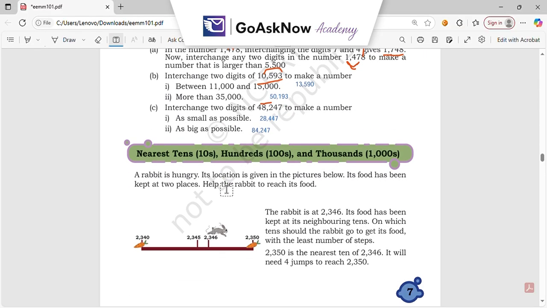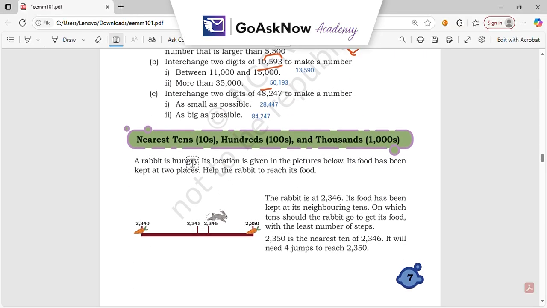Now getting to the nearest tens, hundreds and thousands. Look at the example: a rabbit is hungry. It is located in the given picture below. Its food has been kept at two places. Help the rabbit reach its food. The rabbit is at 2,346.